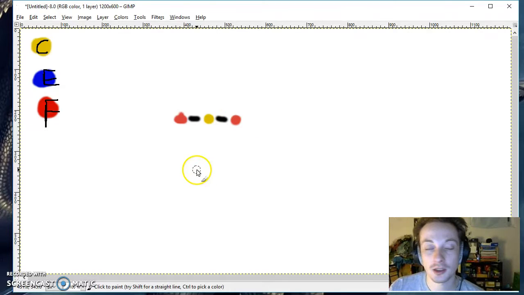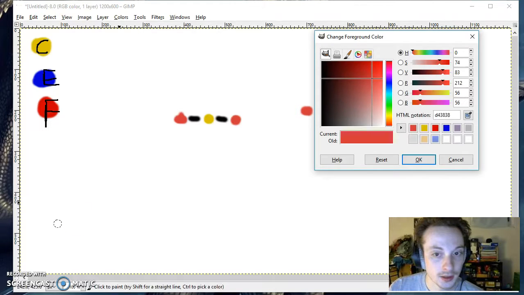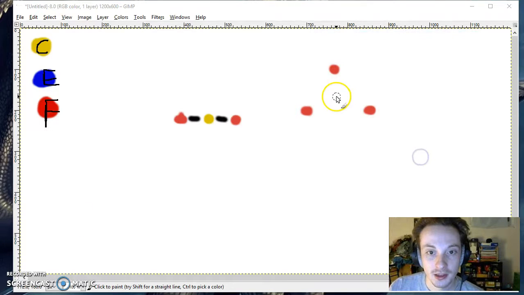The next one I want to talk about is trigonal planar. So this actually has three functional groups. Got a central atom right here.